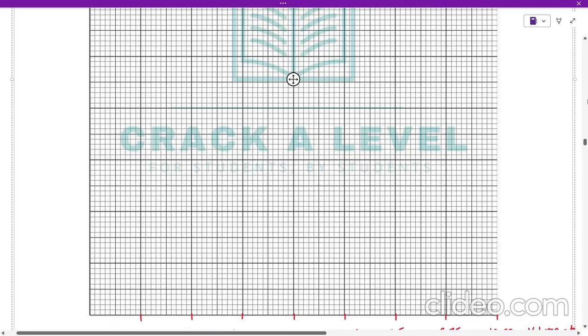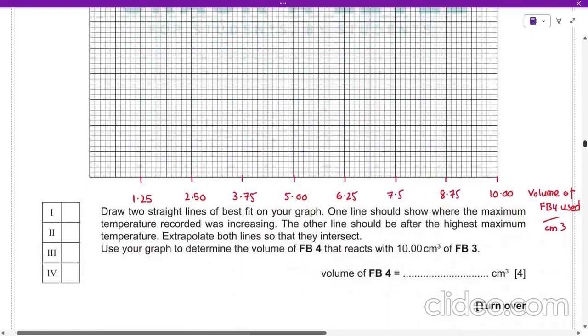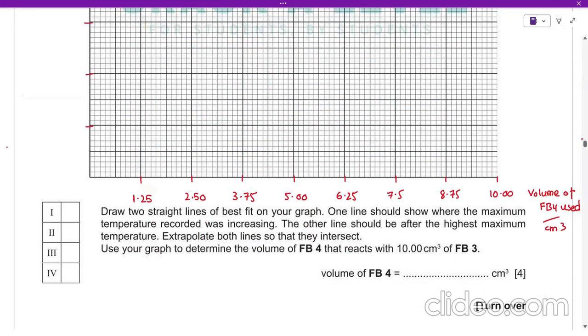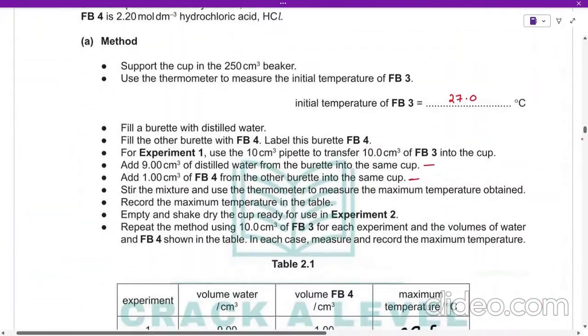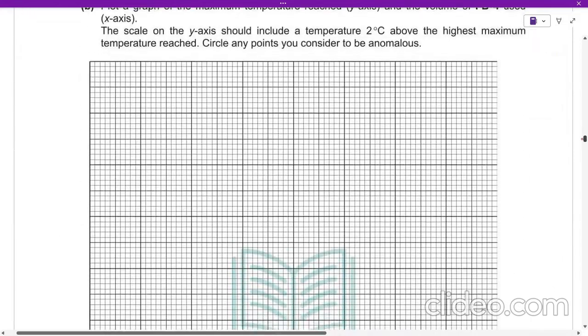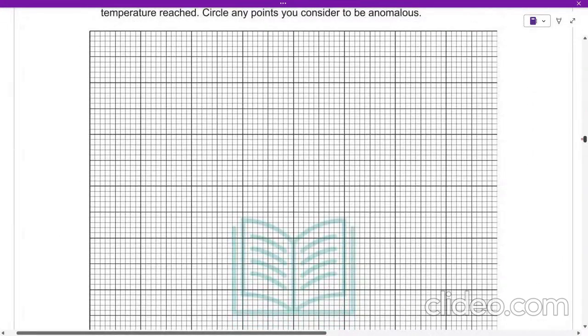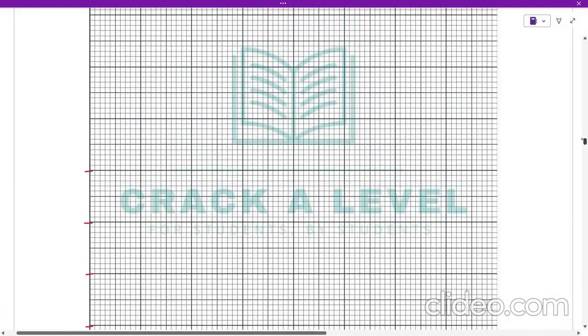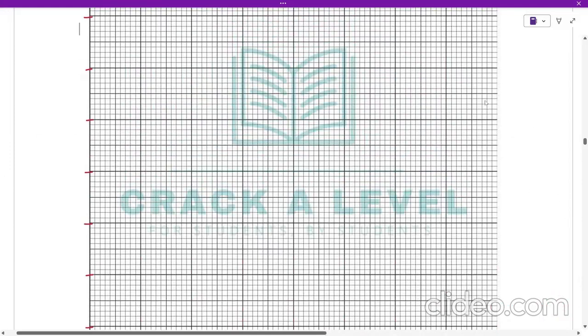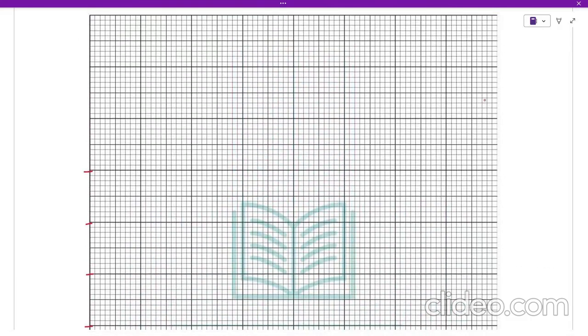Let me just first mark the boxes: 1, 2, 3, 4, 5, 6, 7, 8, 9 and 10.